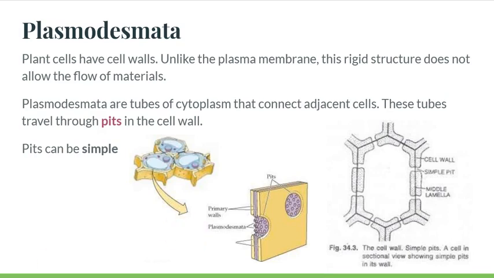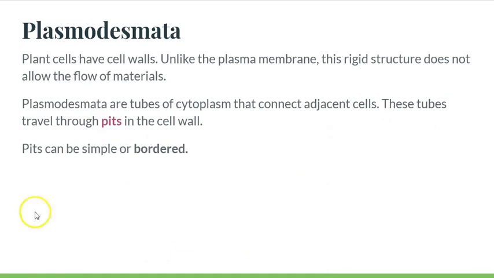Or, in some cells, you'll see a bordered pit. Bordered pits, I usually draw this, but I don't have drawing capabilities right now. So bordered pits have these swollen entrances where the entrance is skinnier than the actual pit itself. And that just helps us with identifying types of cells.